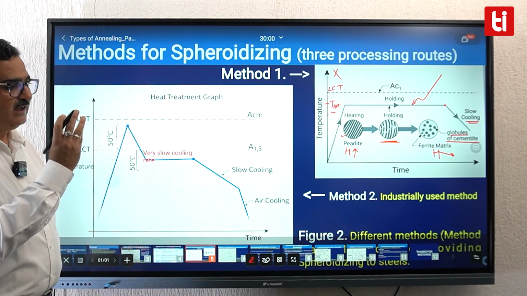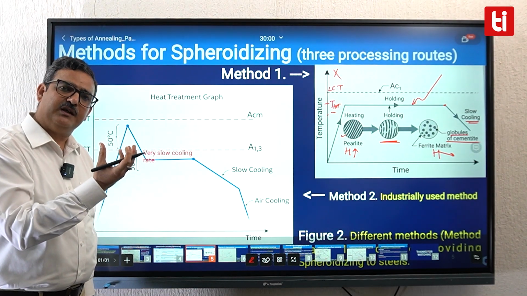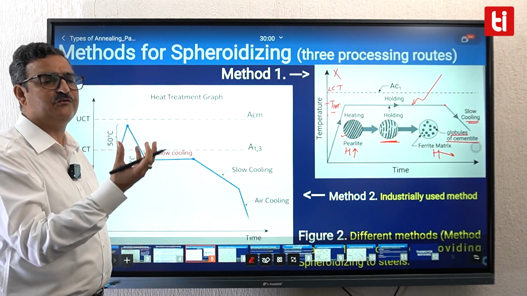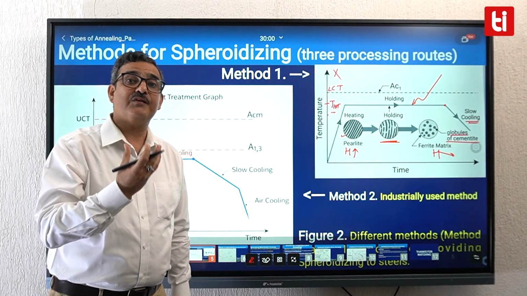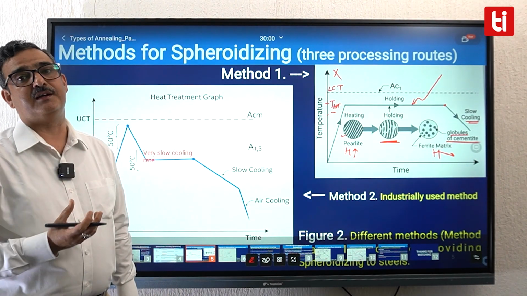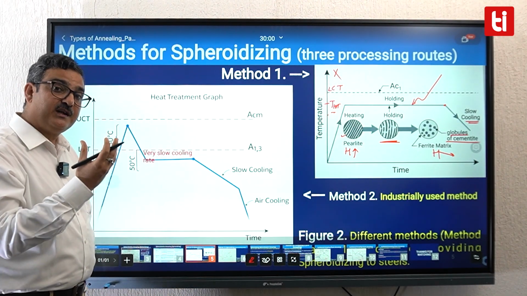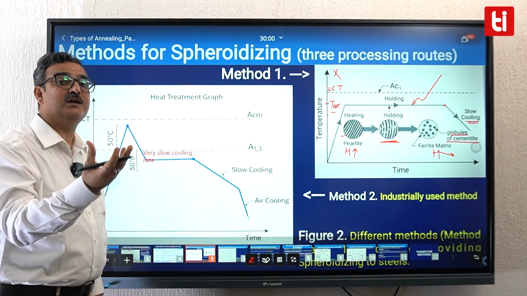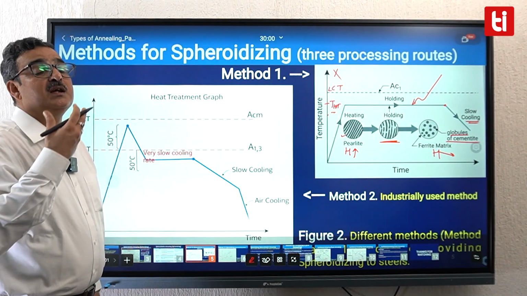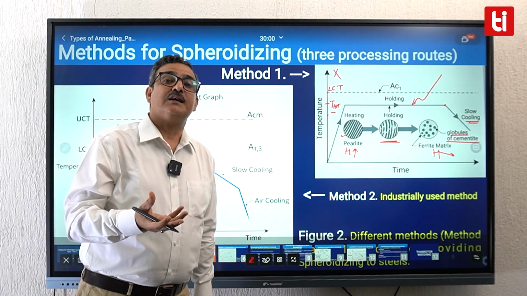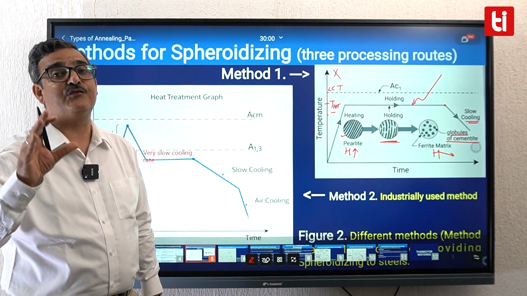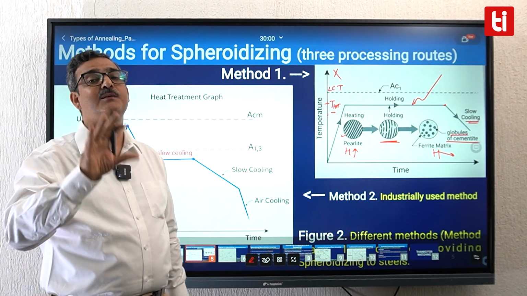What's the difference? If the austenite that you are trying to decompose through cooling is completely chemically homogeneous and it is transforming into pearlite, it will always transform into lamellar pearlite. But if the austenite that you are trying to transform is chemically inhomogeneous, you have deliberately made it inhomogeneous, or by mistake you have kept it chemically inhomogeneous, and if it is transforming into pearlite, it will always transform into non-lamellar globular type of a pearlite.